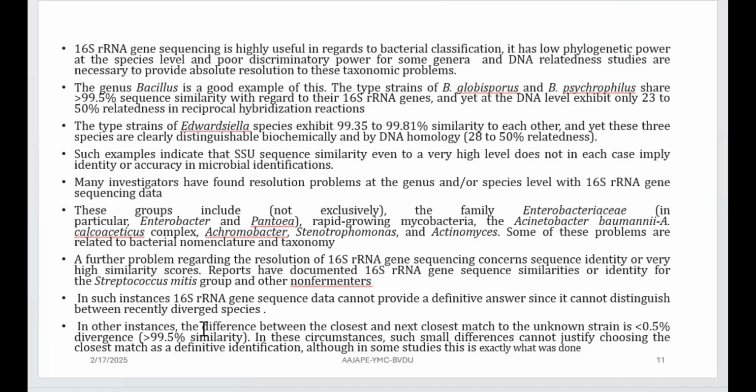When different organisms are sequenced and you are trying to find the closest match to classify them, constructing the cluster for the community, you have to measure the distance between two species or two isolates. When it is 99.5% or more similarity, there is a challenge in treating the closest match as a definitive identification, and that is the limitation of the 16S rRNA sequencing method.